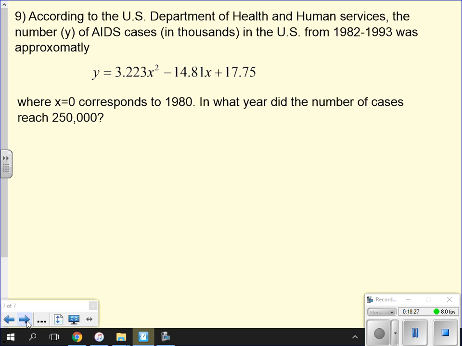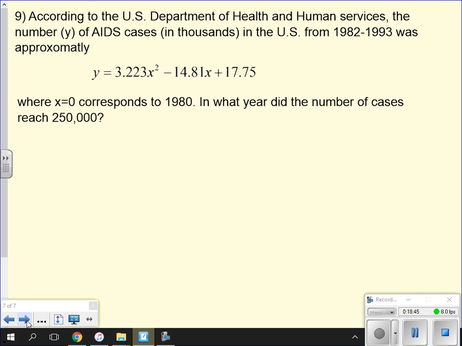So to do this problem, okay, and like I said, quickly because we're about out of time. To do this problem, you need to set it up. So a couple of the key things when you're reading this.